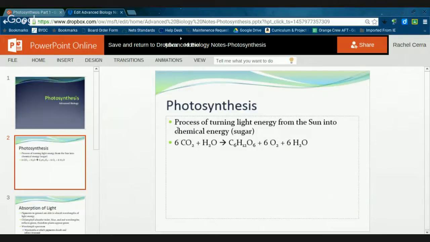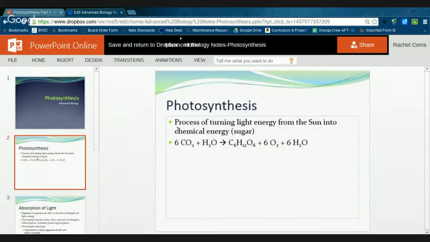So it's a nice big cycle there. So light energy, thermal energy, captured, turned into that chemical energy of the sugar.